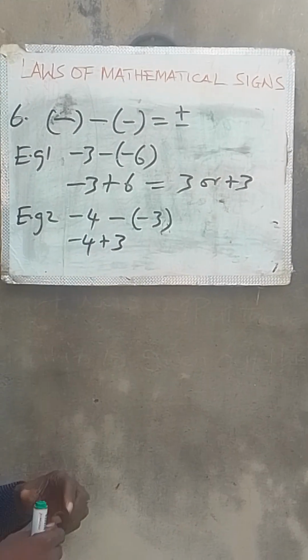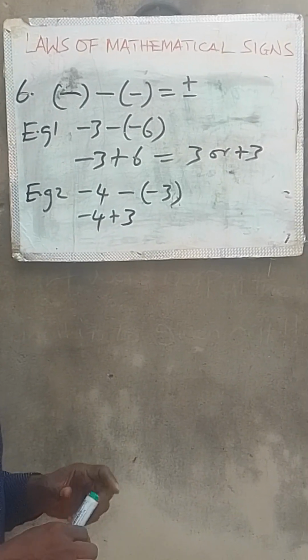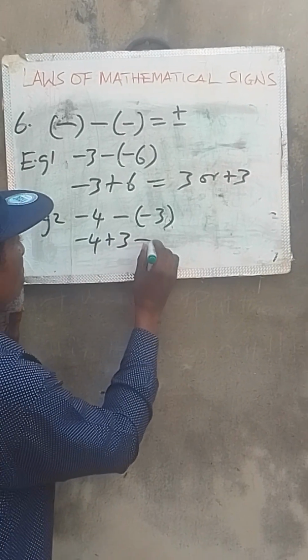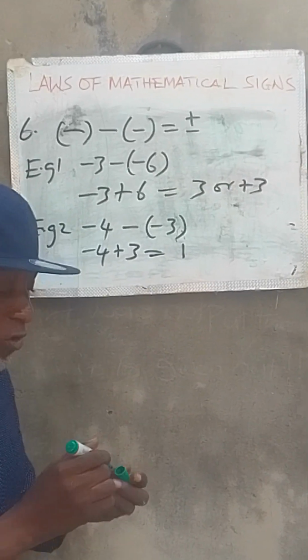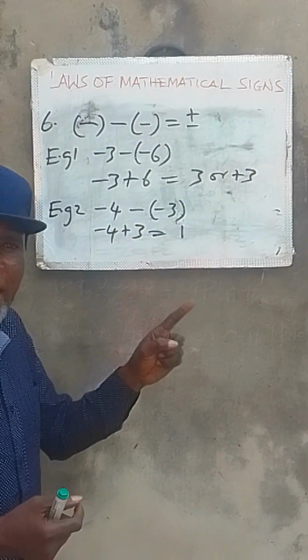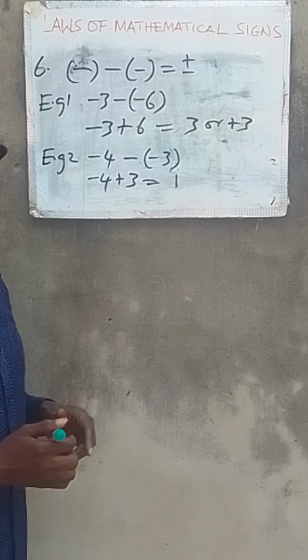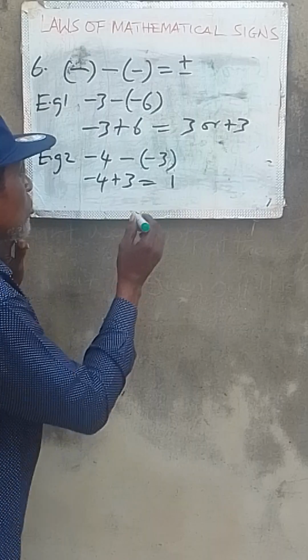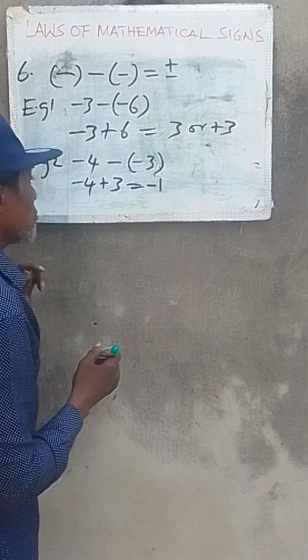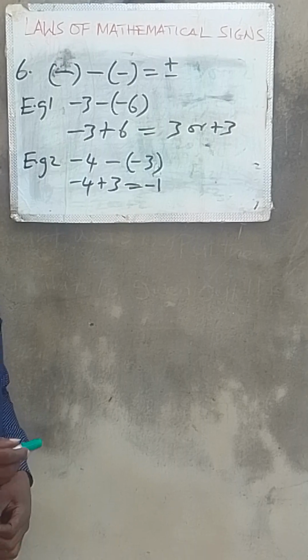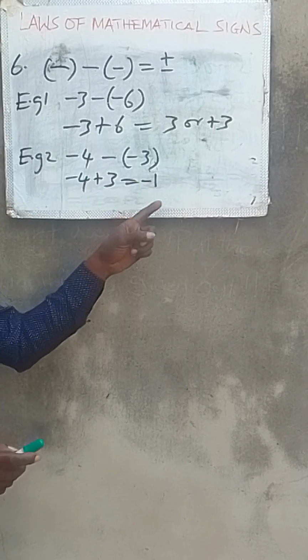So you subtract the smaller number from the bigger number. When you subtract 3 from 4, you are going to have 1. But the result of the operation must carry the sign of the bigger number, and the bigger number here is carrying a negative sign, which is 4. So we now have minus 1. So minus 4 minus minus 3 is minus 1.